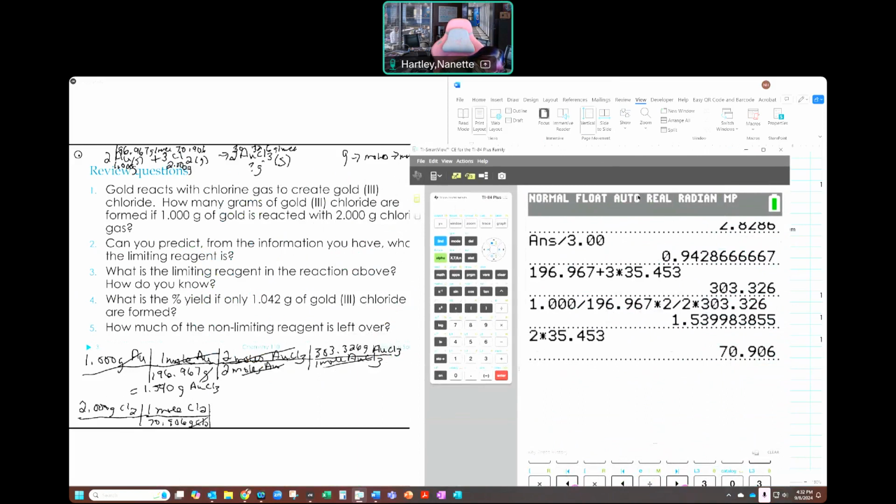So we cancel that grams of Cl2, and that gets me to moles of Cl2.